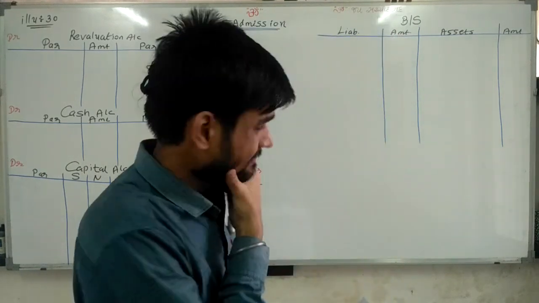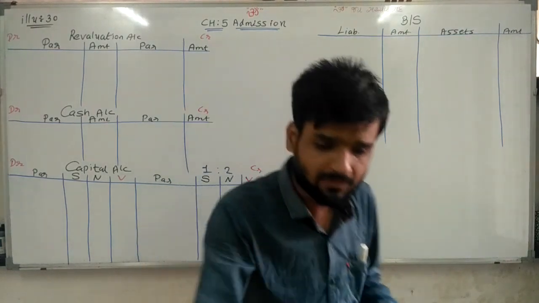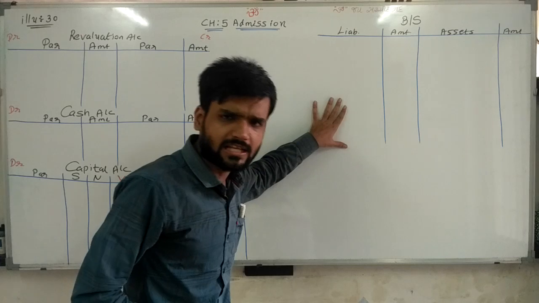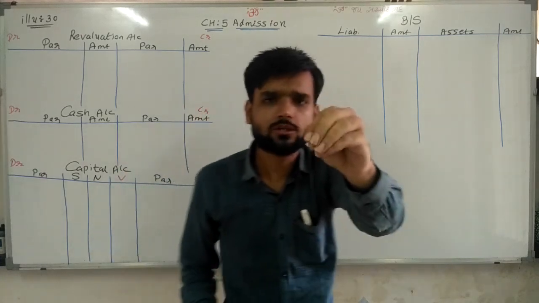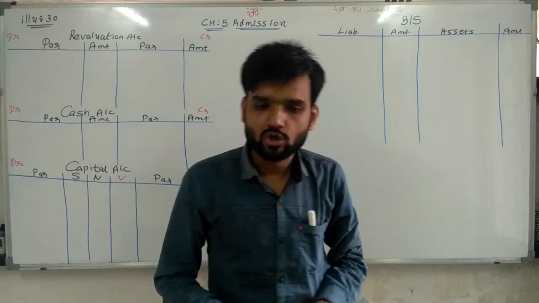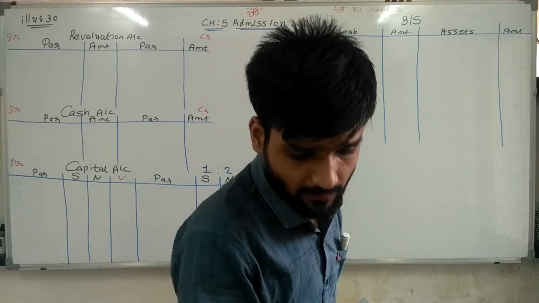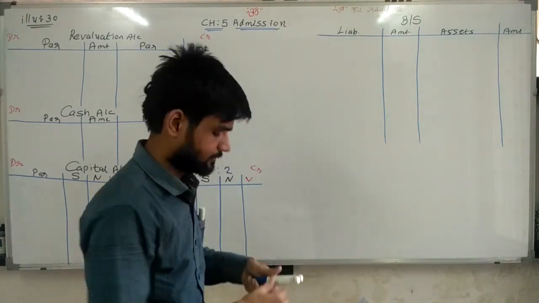Here bad debt reserve is given on the liability side, so I am also writing it on the liability side. But you have an option, you can deduct from debtors also. So 5,000 bad debt reserve we need to write, and in the balance sheet bad debt reserve is given 8,000.